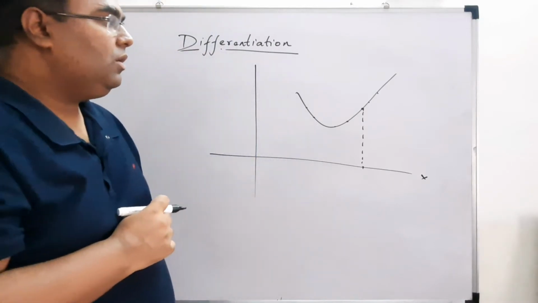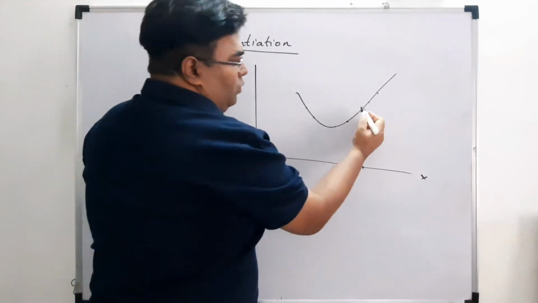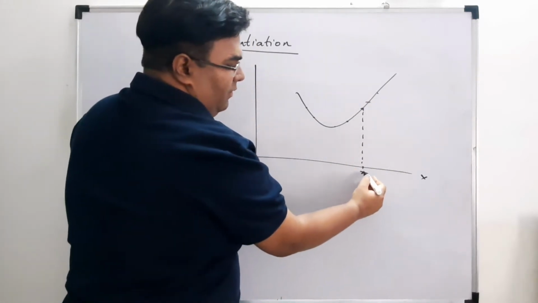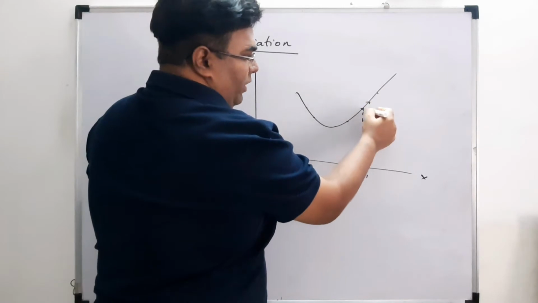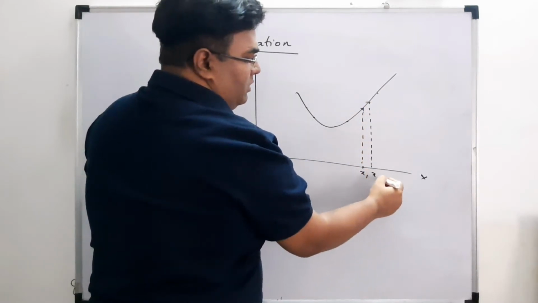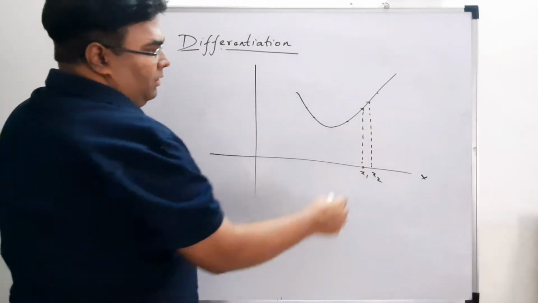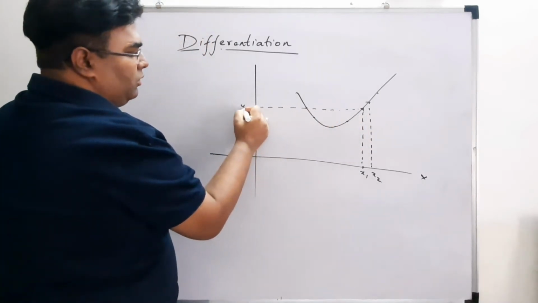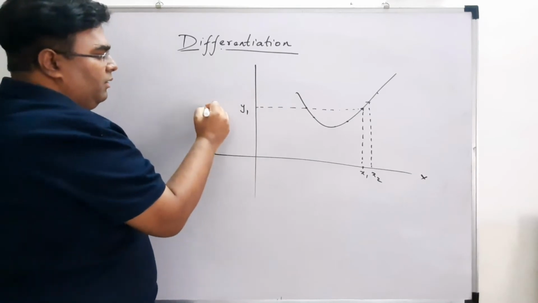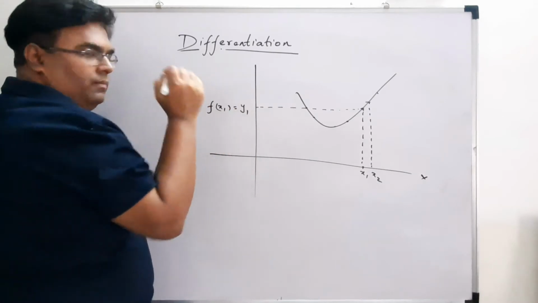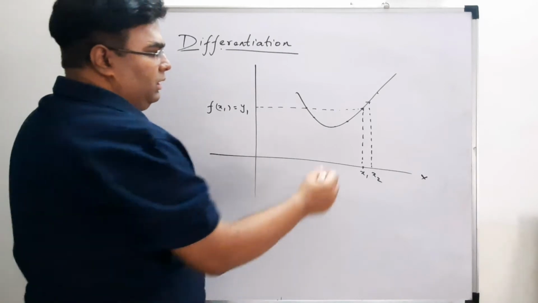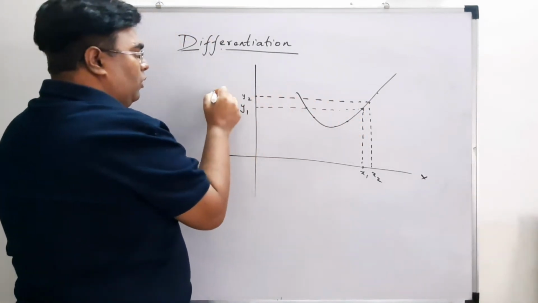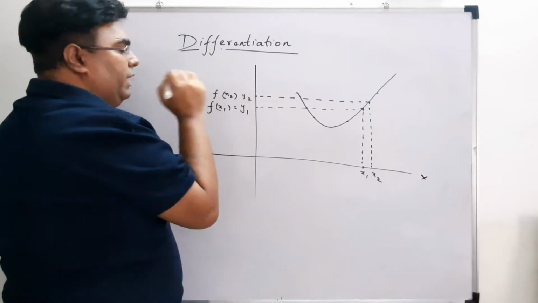Suppose we take these two points. This point belongs here, which is x1, and this point belongs here, which is x2. With respect to x1, we have a point called y1, or you can write f of x1. Similarly for this point we have y2, or f of x2.